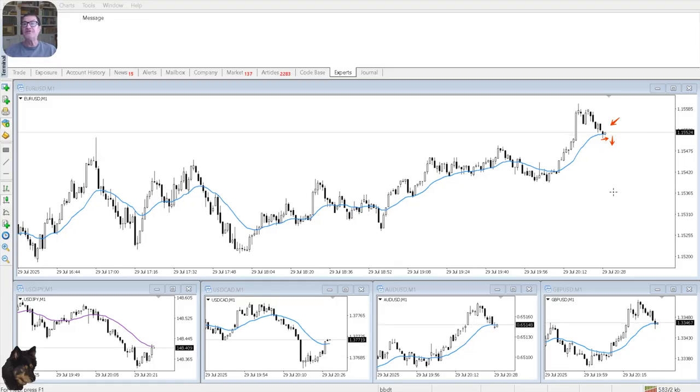So you don't want to do this, and I know that this goes against all reasoning because it's called live analysis, but you do not want to base your decision on a live candle, not ever. First of all, no one can predict where the market is heading, where price is heading. No one.